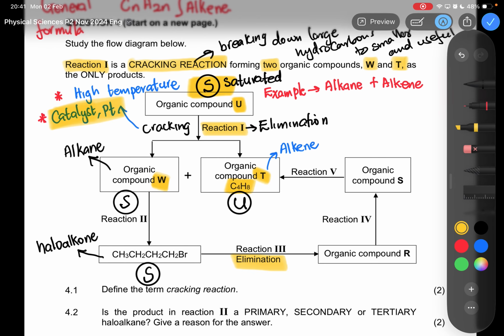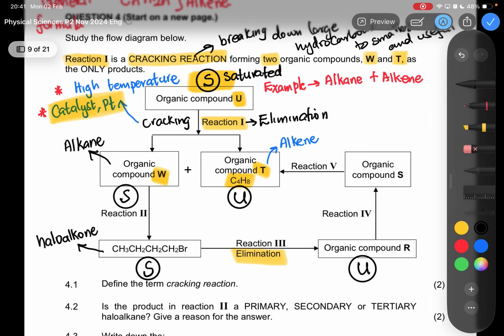Already we are seeing that this reaction undergoes an elimination reaction. So what are we going to eliminate? We are going to remove HBr so that we can introduce the double bond. So a saturated compound will undergo elimination to form an unsaturated compound. I'm just using what I have here to establish the type of compounds I have.